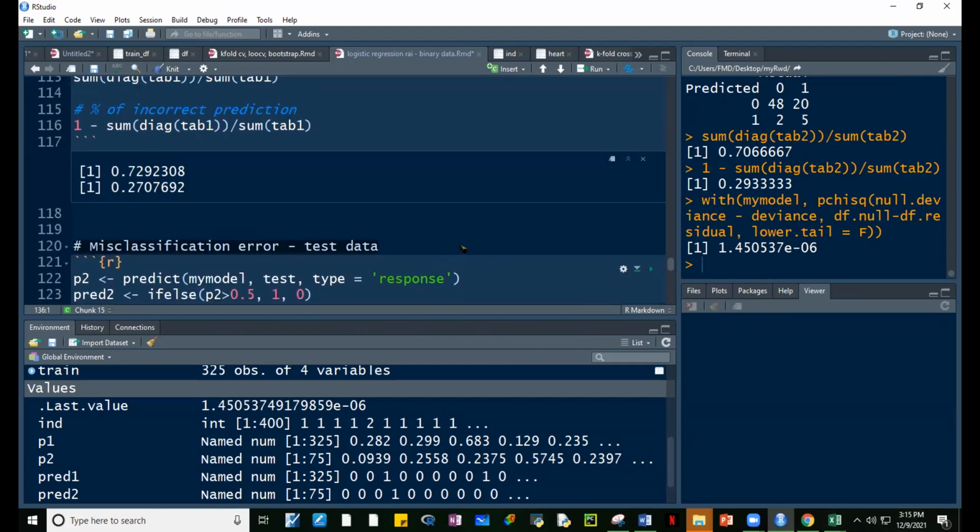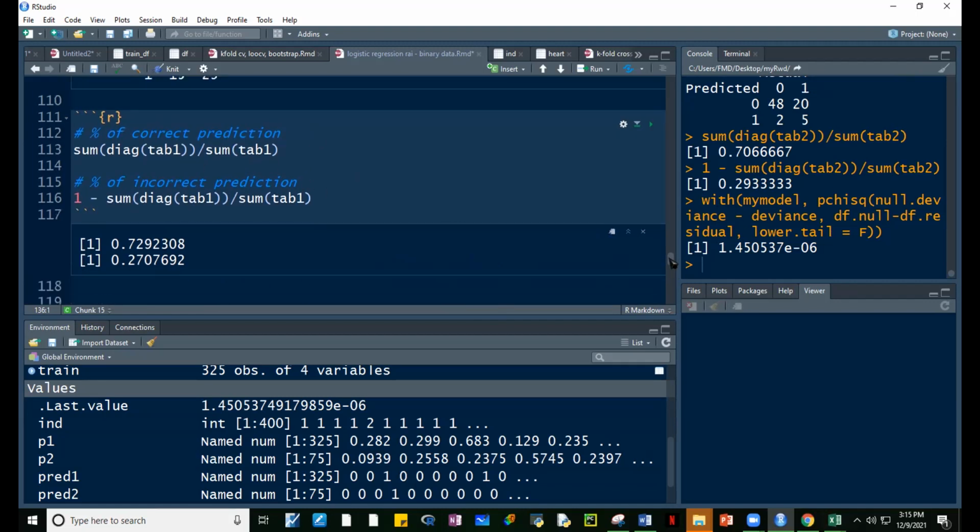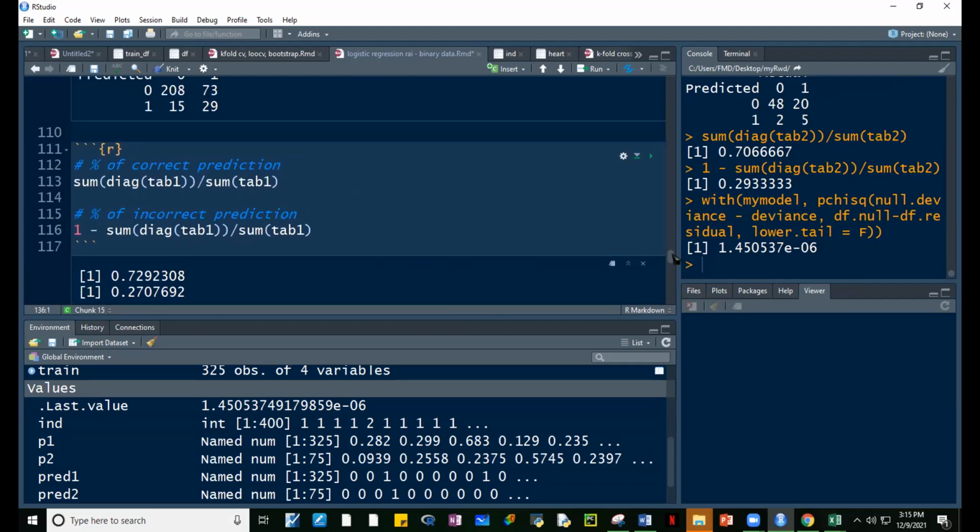Okay, in fact, I told the class that itong logistic regression na to, we will compare this with a machine learning tool. So I told the class to do a decision tree, okay, or a FFT, and then compare kung sino mas maganda, yung decision tree ba o itong regular na logistic regression na method na gumagamit ng GLM.